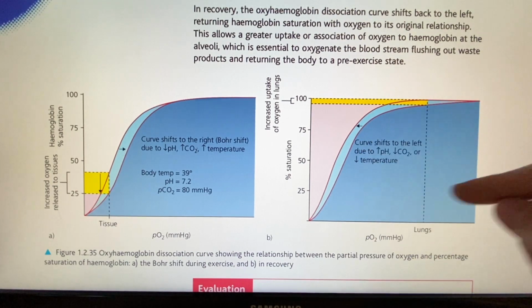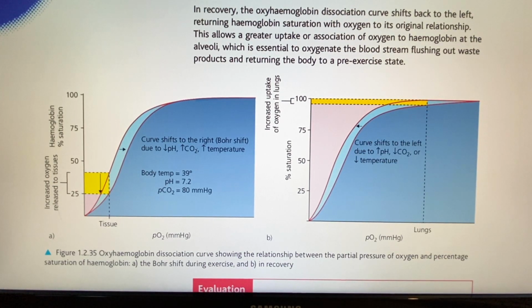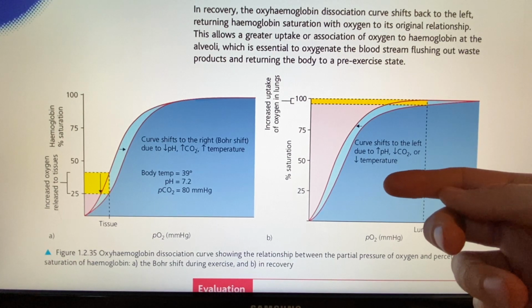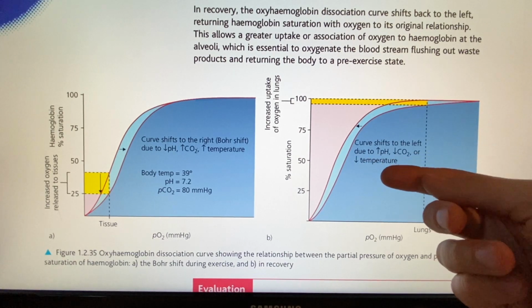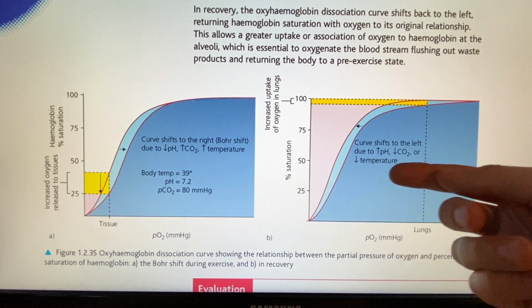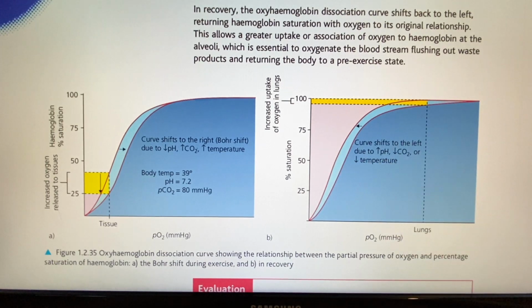Now, those three things changing again mean that your hemoglobin is going to dissociate from oxygen less easily. It means it's going to be more sticky, more attracted to the oxygen than it was during exercise. So during recovery, it means that that S-shaped curve is going to move towards the left-hand side and it's going to shift back into the position that it should be in.